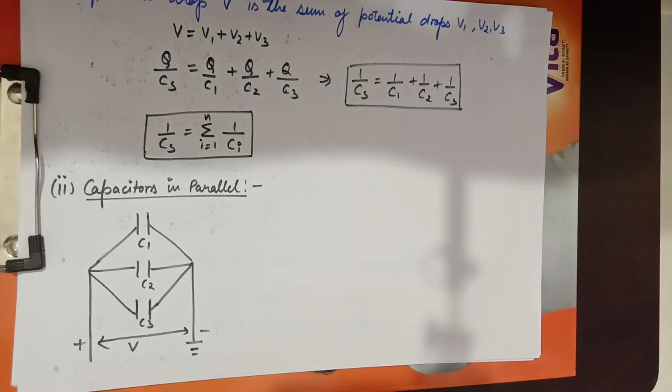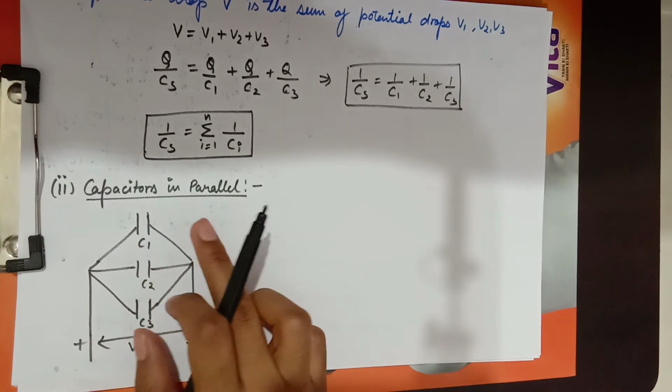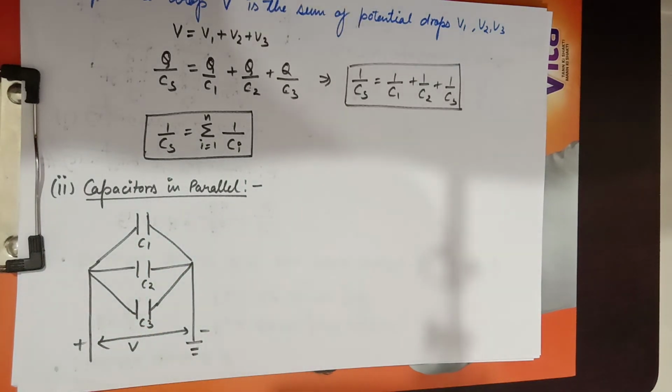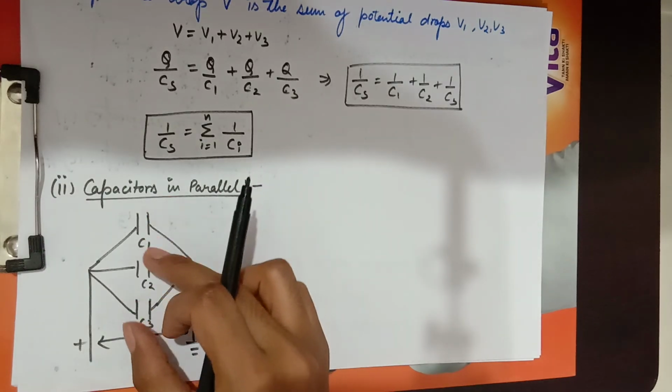So we can say that each capacitor will store charge according to its capacity. C is equal to Q divided by V, or Q is equal to CV. As the potential is the same, each capacitor will store the charge according to its capacity.